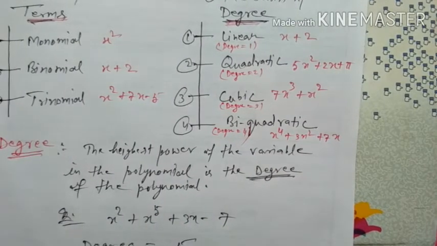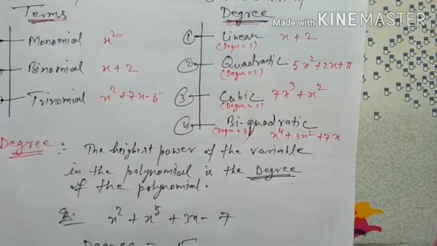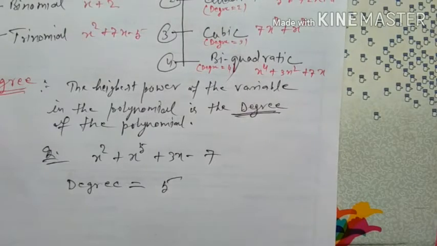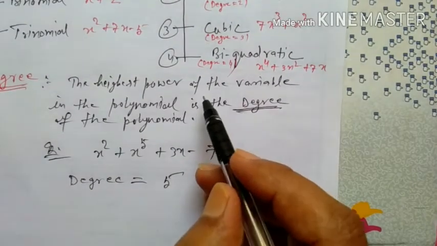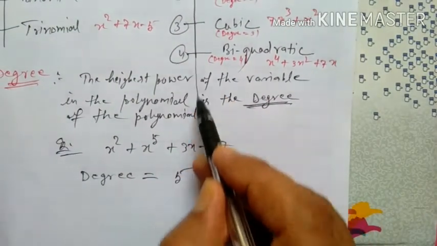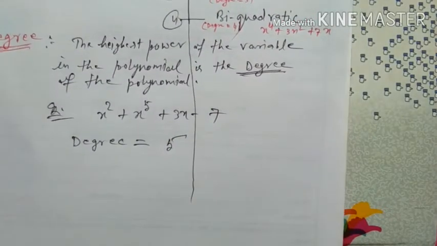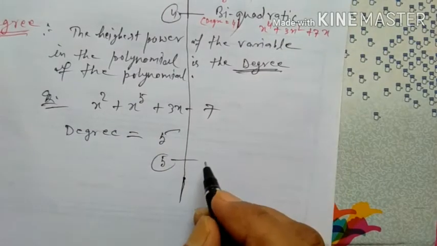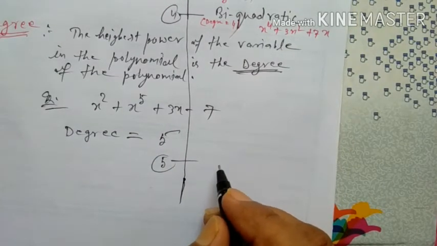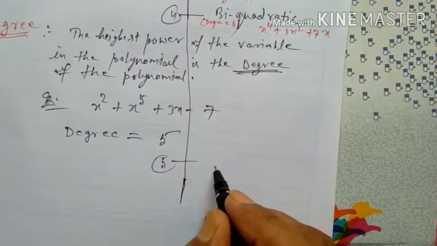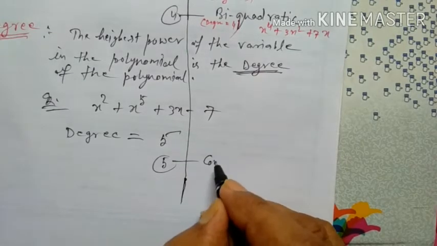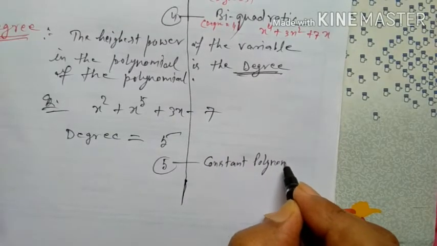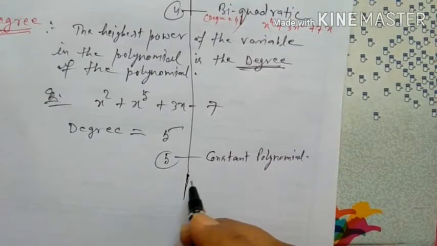And there are some special polynomials on the basis of degree. There are some two special types of polynomial.